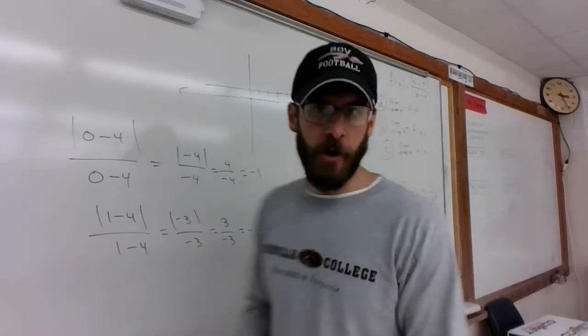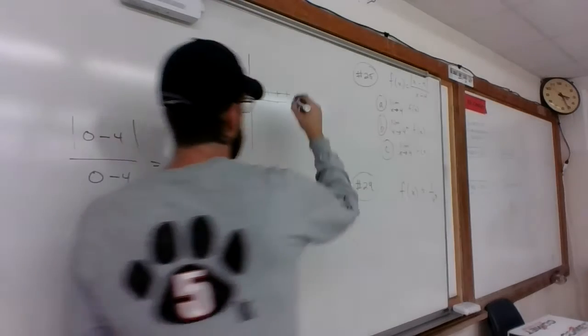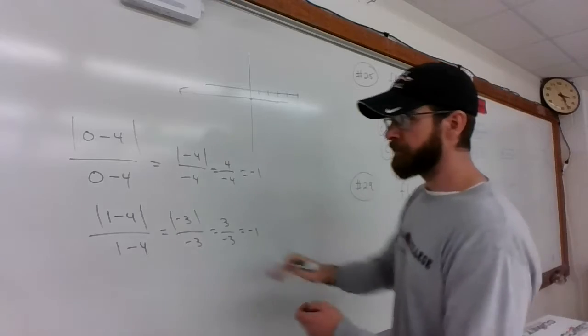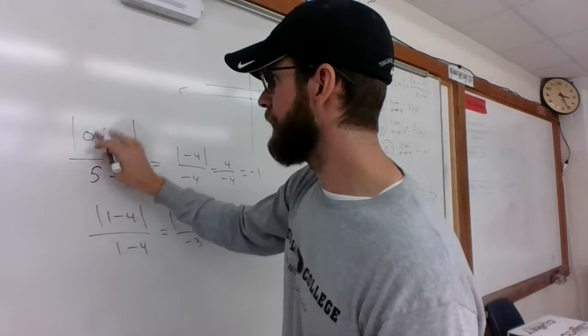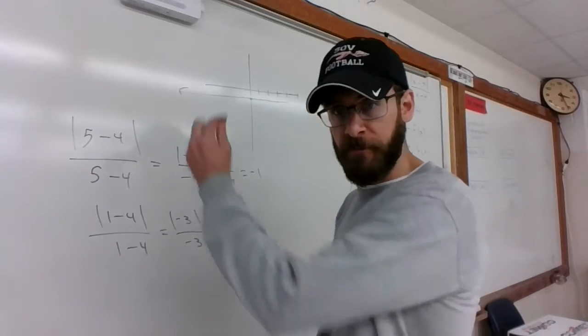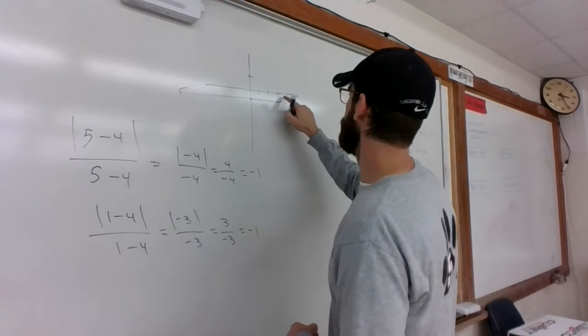You can't plug in 0. And what happens at 5 is plugging in 5 on the bottom and 5 on the top always creates positives. So it's +1 from 5 to infinity. 1, 2, 3, 4, 5.